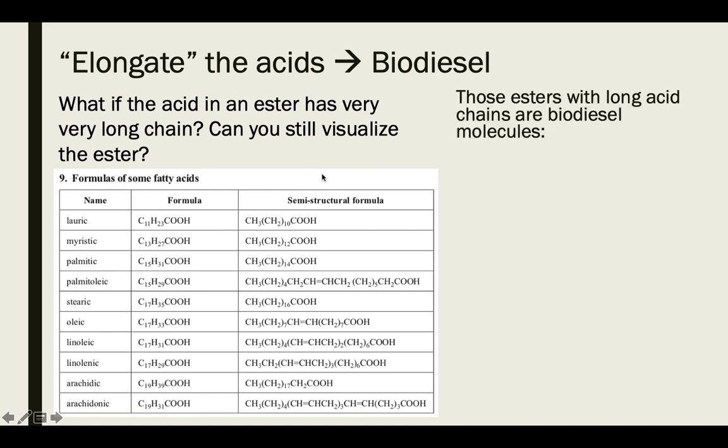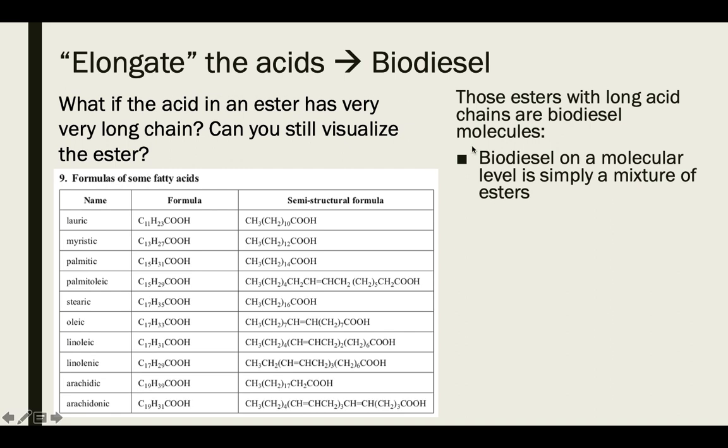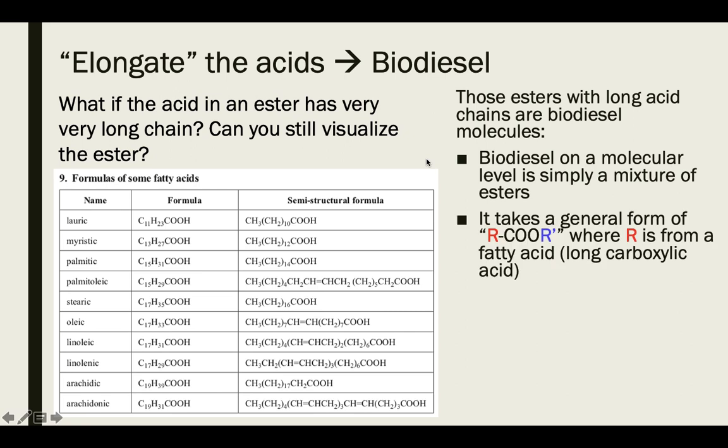So these esters, with very long hydrocarbon chains, especially with those fatty acid chains, are our biodiesel molecules actually. Biodiesel on a molecular level is simply a mixture of esters. It takes the general form of an ester where you need to know that this R is from a fatty acid.